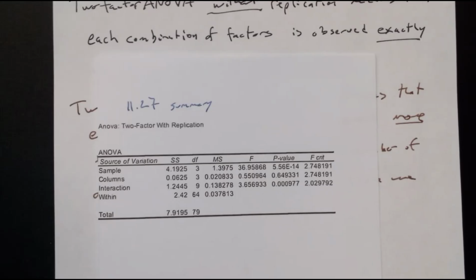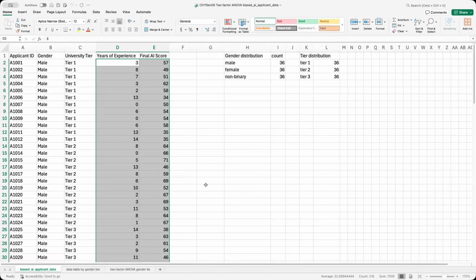Here's the data set. A bunch of applicants, a bunch of genders, what kind of school they went to, years of experience, and the score that the AI gave them when it read their resume. The company was accused of being biased in favor of elite universities and against women.